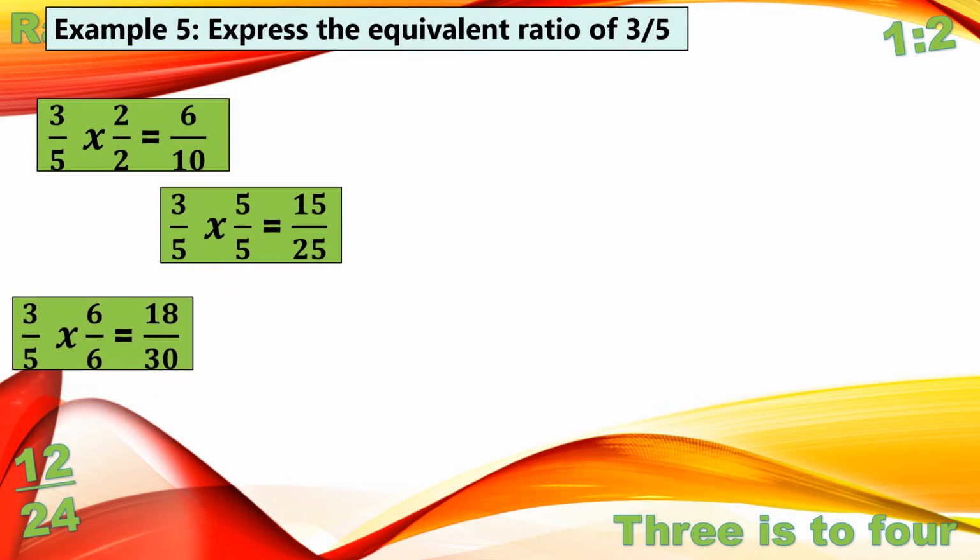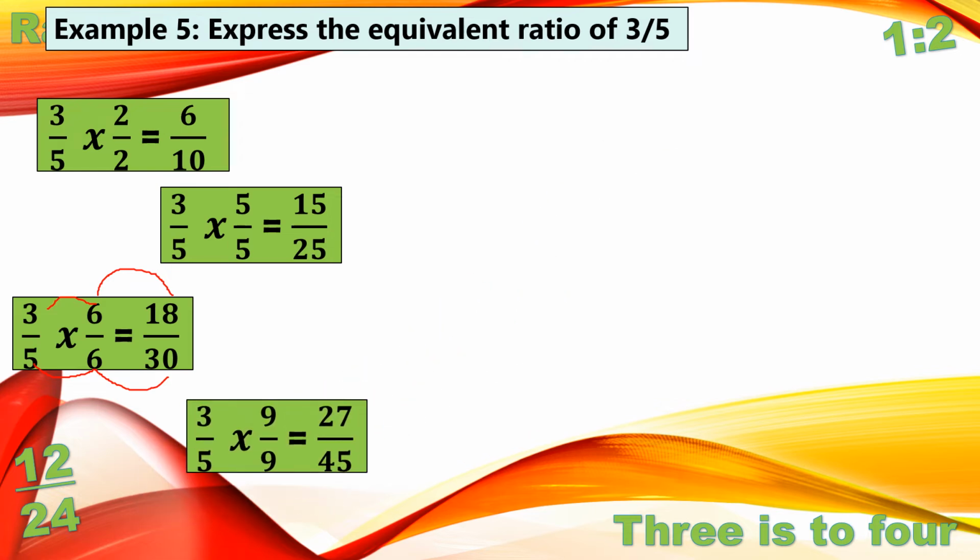Next, 3/5 times 6/6 equals 3 times 6, 18, and 5 times 6, 30. So, again, kapag i-divide natin yung 18 at 6, ang kalalabasan ay 3, and then yung 30 divided by 6 ay 5. So, they are equivalent ratios of 3/5, the 18:30.